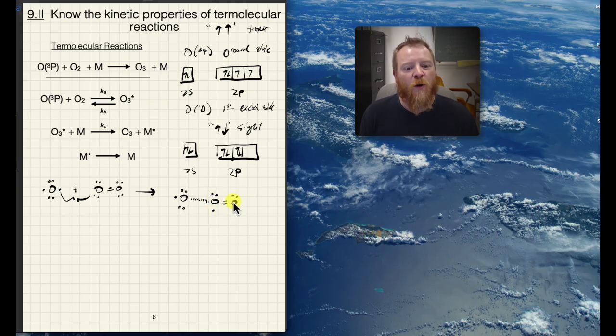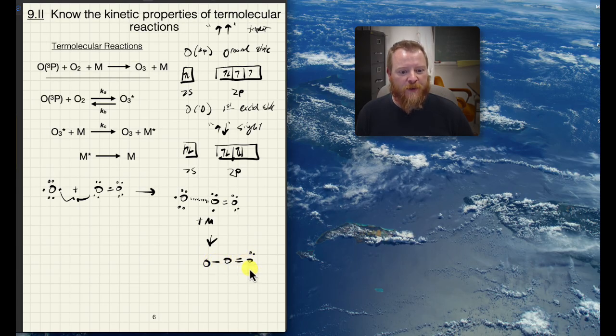Okay, so this is our unstable O3, which could just reject the electron and go right back to the 2 reactants, or from stabilizing collisions, right, it could end up forming the finally observed O3.